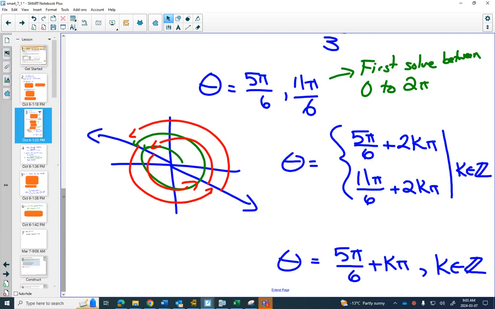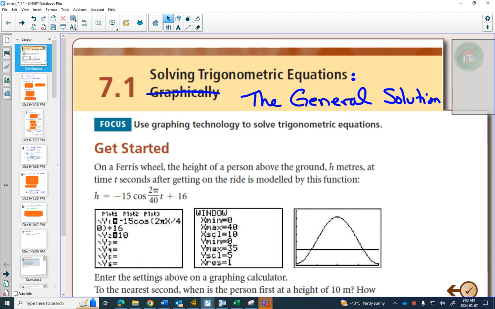So with that introduction, I'll get you to turn to the top of page 574. First of all, we are going to slightly change the title of this section. We're going to take out the word graphically, and change the title to the general solution.